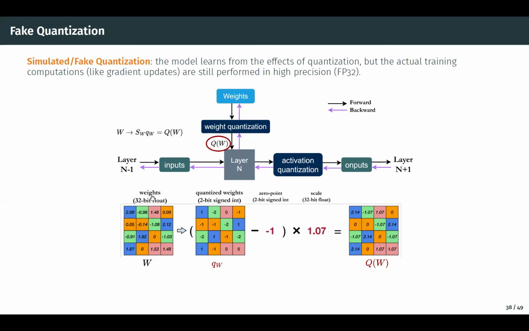Here is how it goes. For example, we have an input matrix. You quantize it to this quantized weight matrix with these parameters, and then we have the quantized weight. Of course, it's after quantizing, but it's still in floating point.